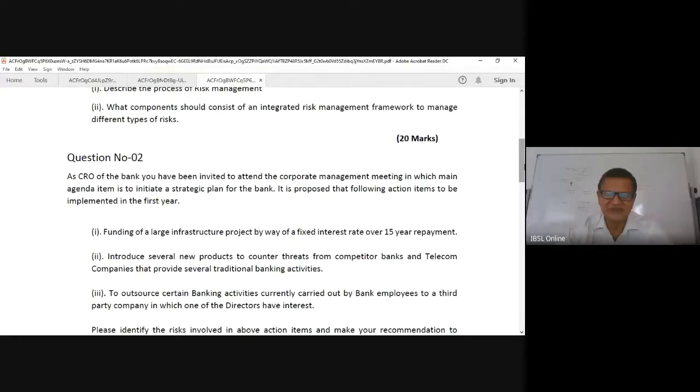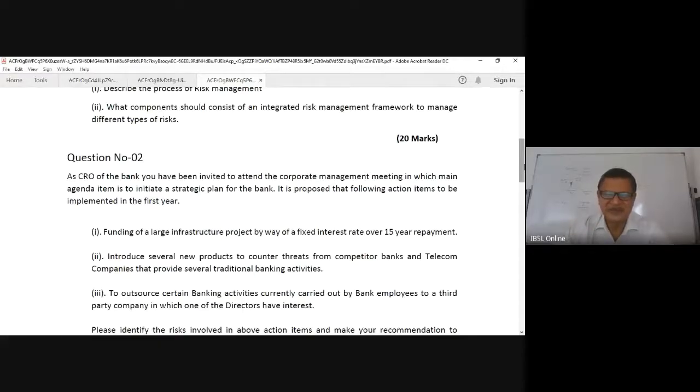You need a massive amount of funding, so what you need to understand is it will be a large loan. And they say it will be given at a fixed interest rate, and the period for that particular loan is 15 years of repayment. So it's a long-term, large funding facility given for infrastructure.